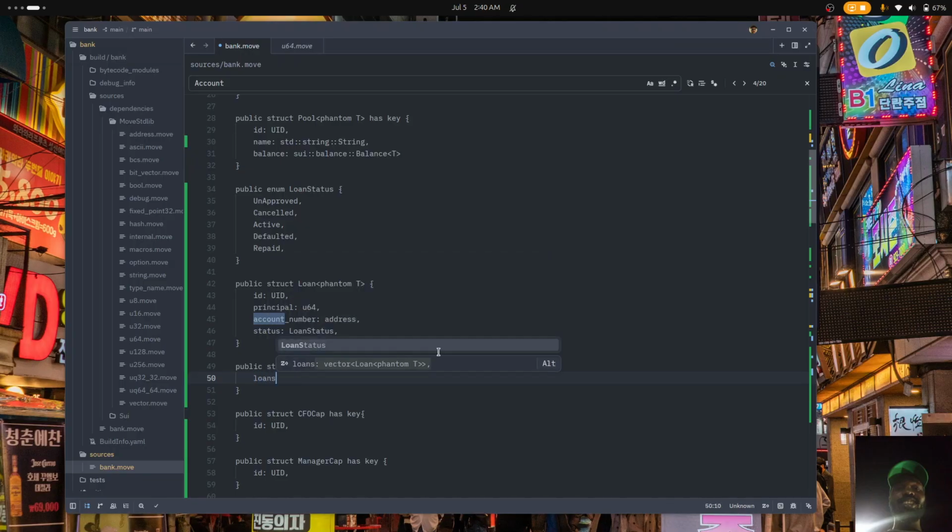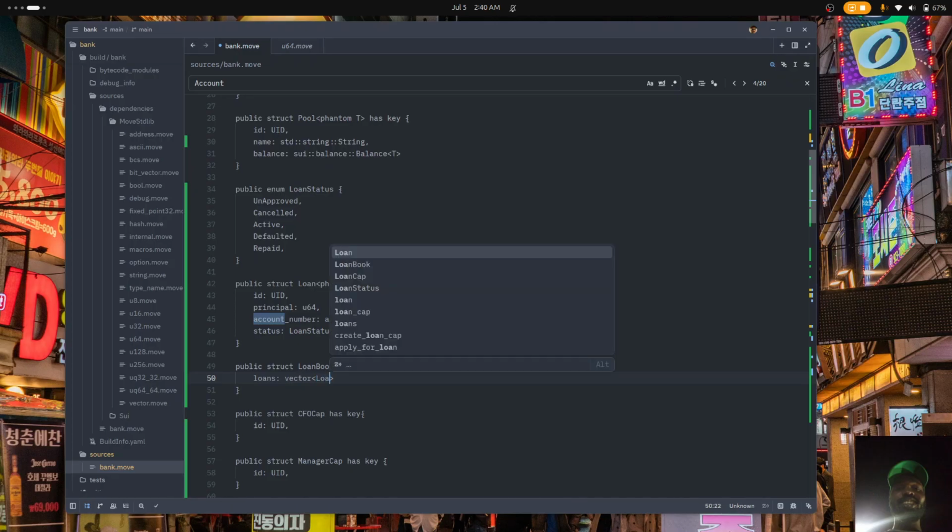Loans. Vector of loans. The problem now is I can't use this loan book so I have to create a new loan book. So there's going to be different types of loan book everywhere, right? So you have loans. It's going to be a front now.